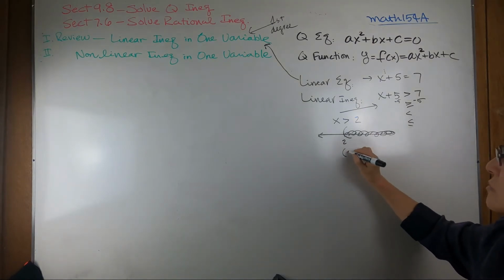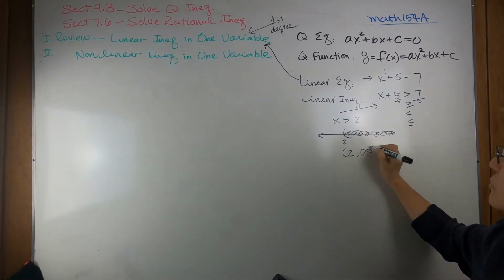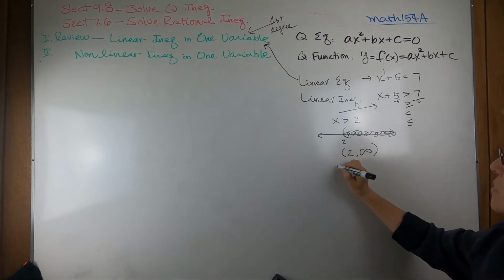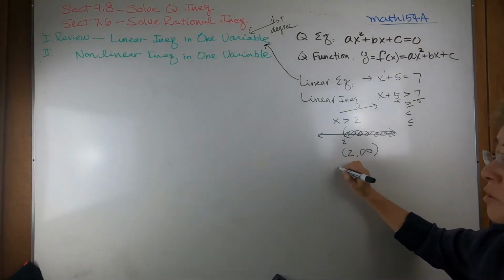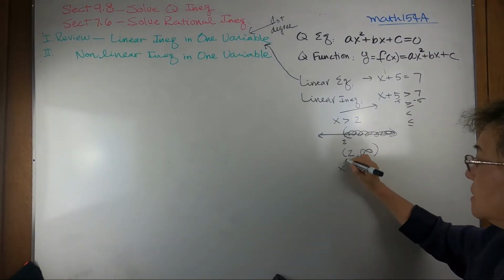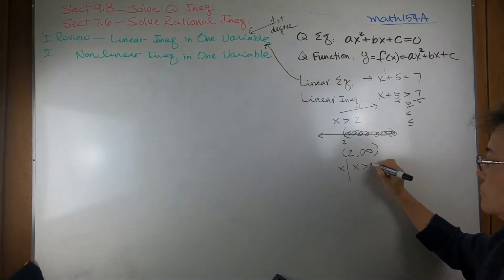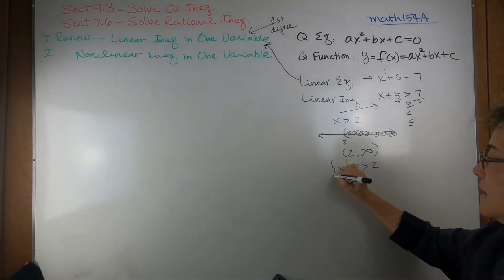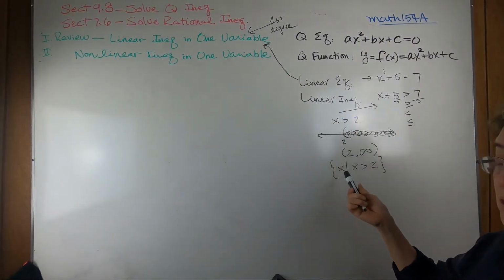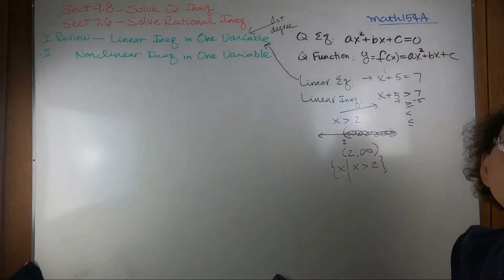Another way to show is with interval notation, right? 2 to infinity all the way. Also, if we use the set symbol, formally you might see it on the computer, you have x, then you put a bar there to describe it, then put it in a set. Because there are infinite solutions, you cannot say x equals something to answer the question.